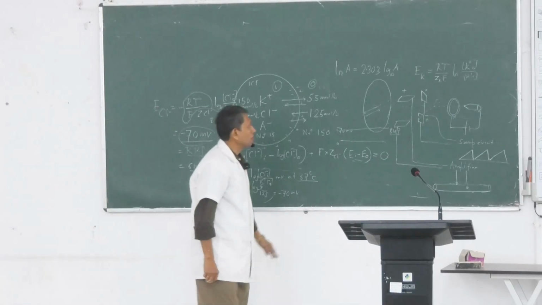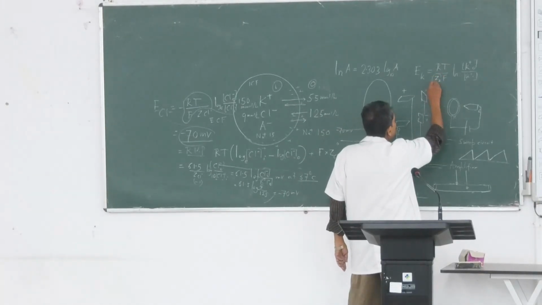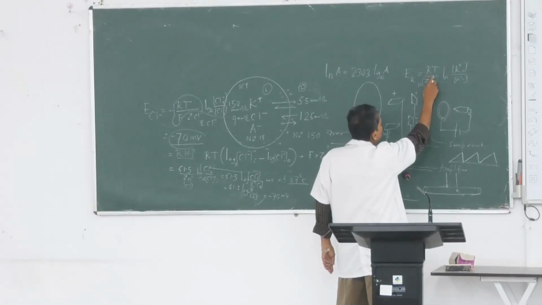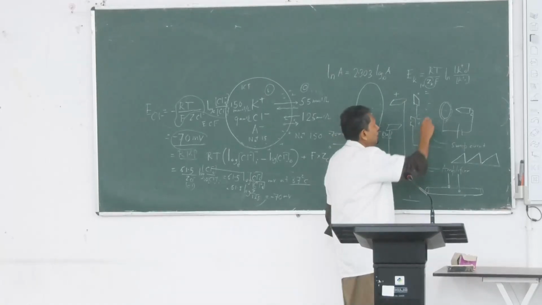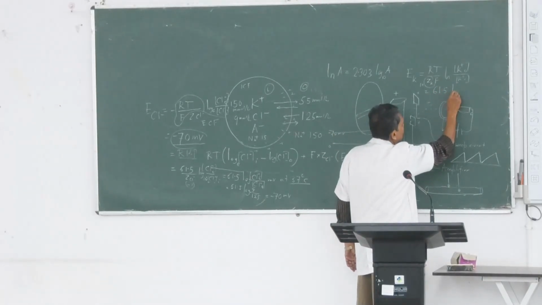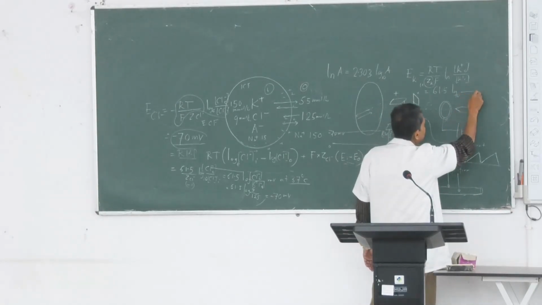But in case of potassium, ZK is positive, 1 plus, so it will remain in that position. And 61.5 into log of inside over outside 5.5.